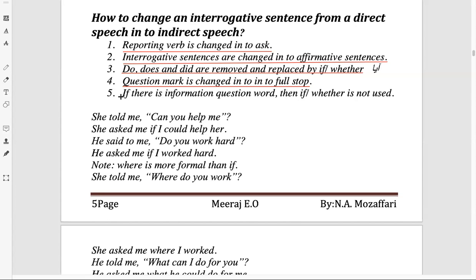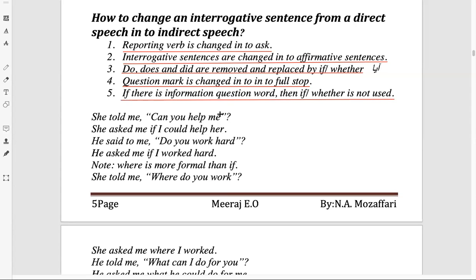Number five, if there is an information question word like WH words, like who, how, where, when, then if or whether is not used. If you have a WH word in your sentence, no need to use if or whether.